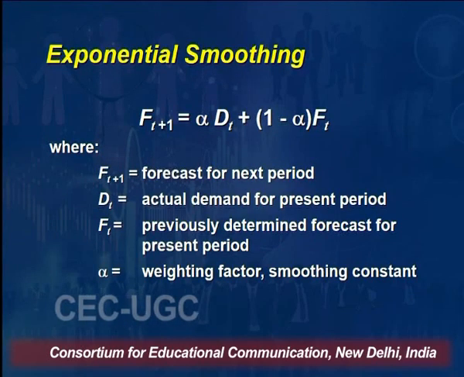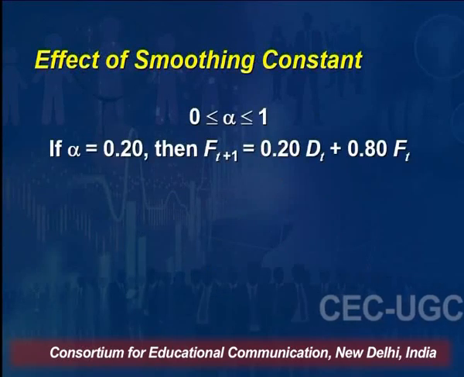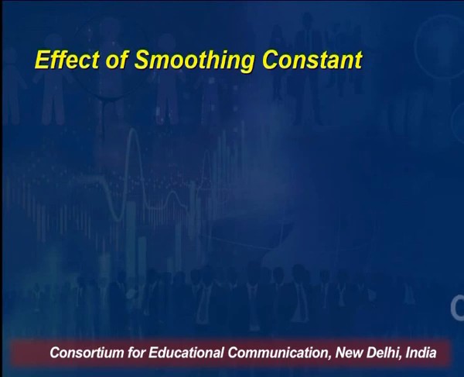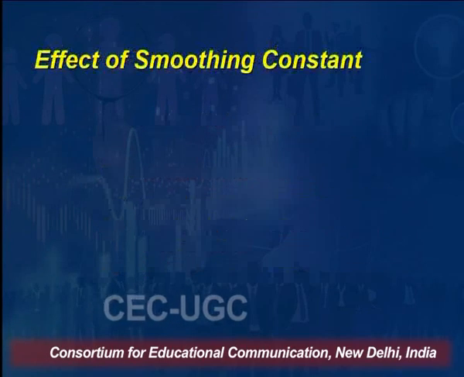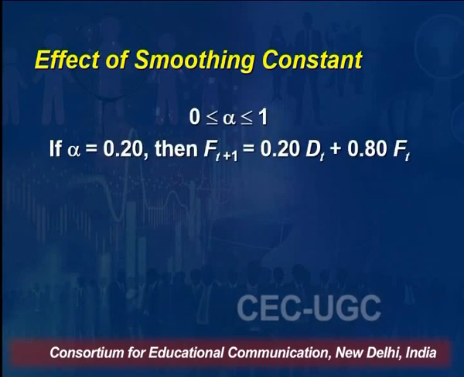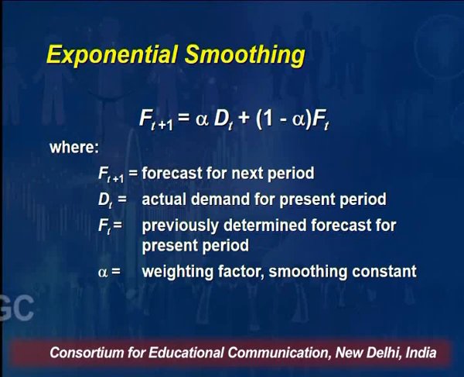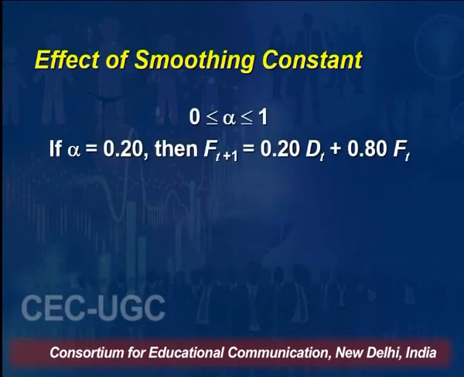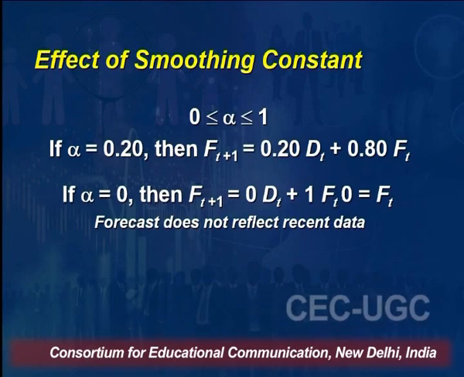Alpha is in the formula. So we have put 0.20 into D(t). So alpha into D(t) plus (1 minus alpha), that is 1 minus 0.20, which is 0.80, into F(t). So that was there in the formula. So when you put it in, the equation will become like this.